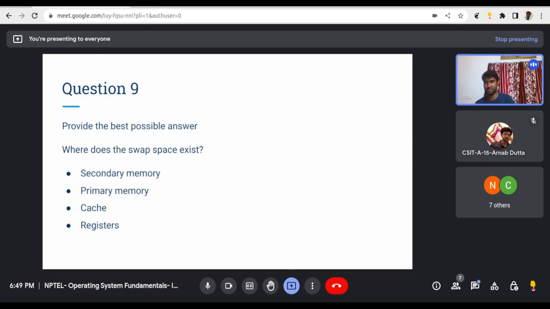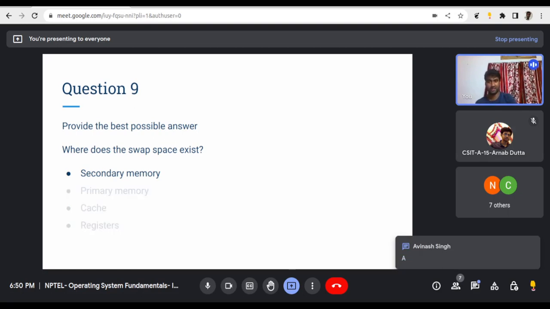Anyone would like to contribute? Okay, I got two answers. Yes, it is present in the secondary memory; it is a part of the secondary memory.